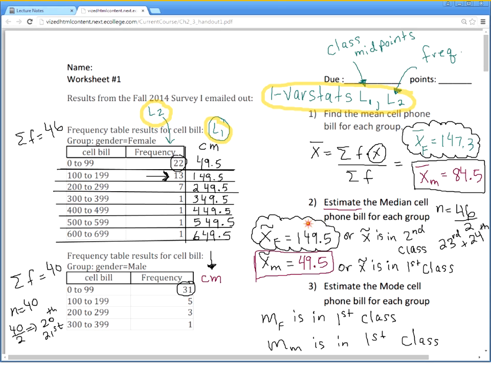So what that tells you is that 50% of females have cell phone bills that are above $149.50, while only half of the men have cell phone bills that are above $49.50. So you see that there's definitely a difference between the two groups.